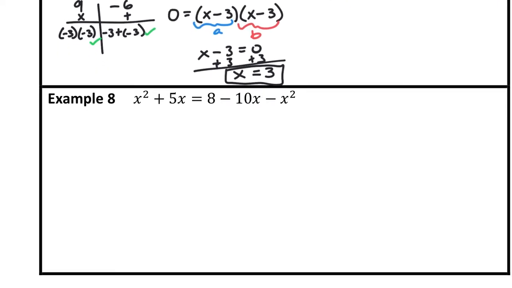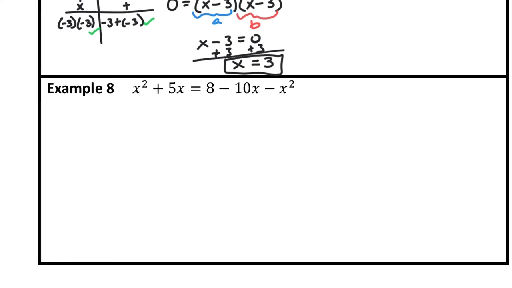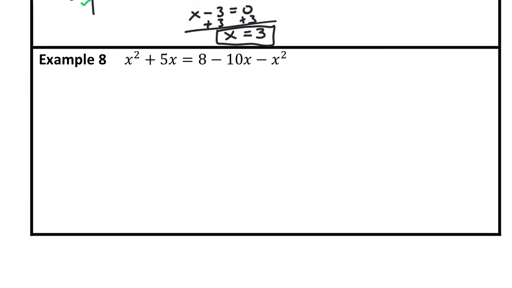And then example 9. Move everything to one side. So I have 1, 2, 3. I have actually 2 terms on the left, 3 terms on the right.